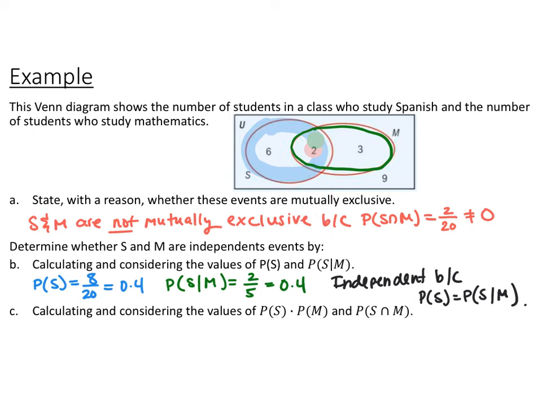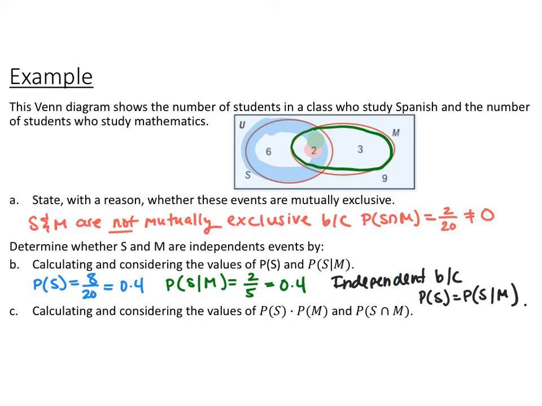And 2 out of the 5 of them also take Spanish. So the probability that they take Spanish given they take math is also 0.4. So knowing that they took math did not affect the probability of them taking Spanish. So therefore they are independent. They're independent because the probability they take Spanish is the same as the probability they take Spanish knowing they take math.